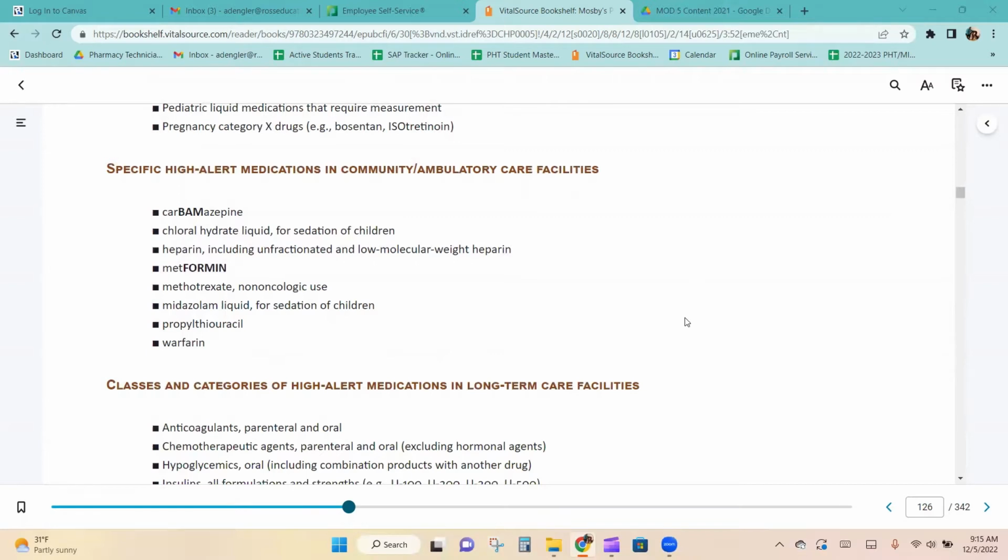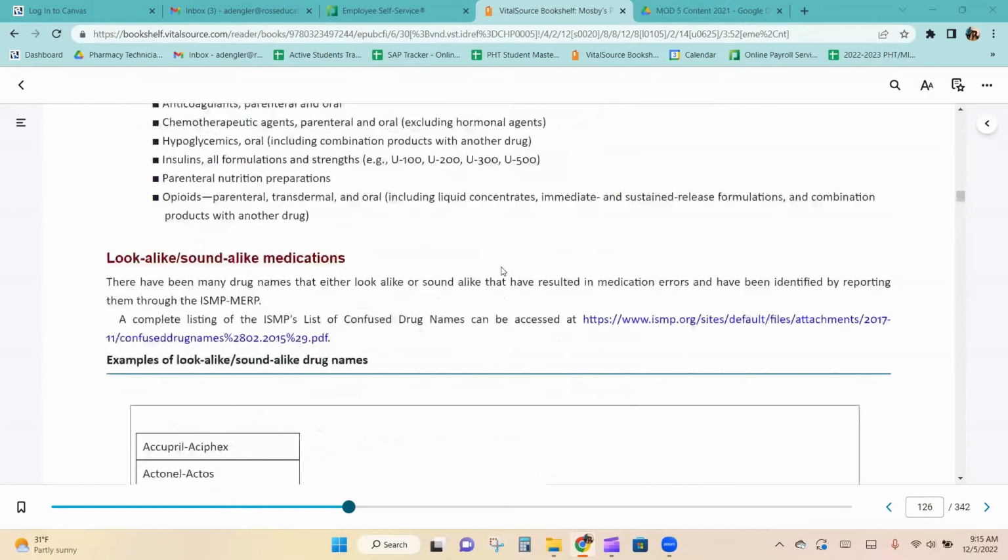Then we have specific high alert medications in community ambulatory care pharmacies or facilities. So you can see here the tall man lettering that's bolded. We have carbamazepine, chloral hydrate liquid, heparin, metformin, methotrexate, midazolam, propylthiouracil and warfarin.